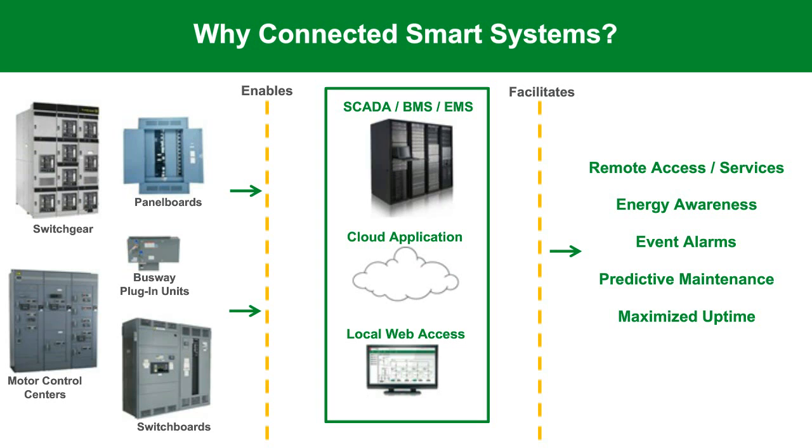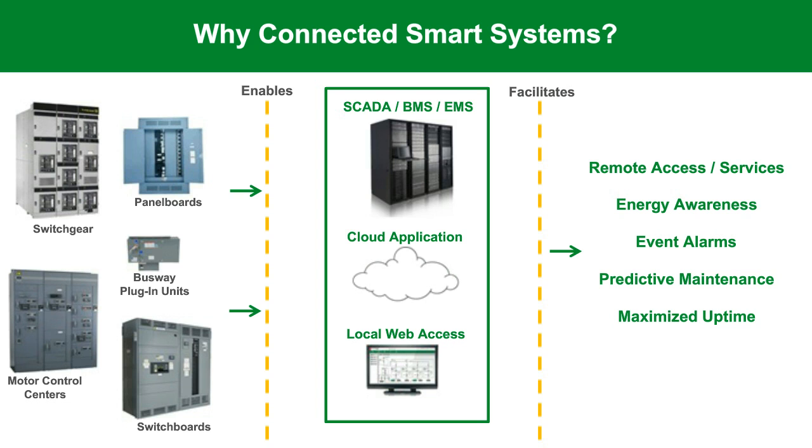So pulling all this together, what does it look like? We have on the left different types of equipment, so everything from panel board up to switchgear. The information from the devices inside that equipment is now enabling the connectivity to data systems, cloud applications, local web access. And really what that does is facilitate some of these value features on the right.